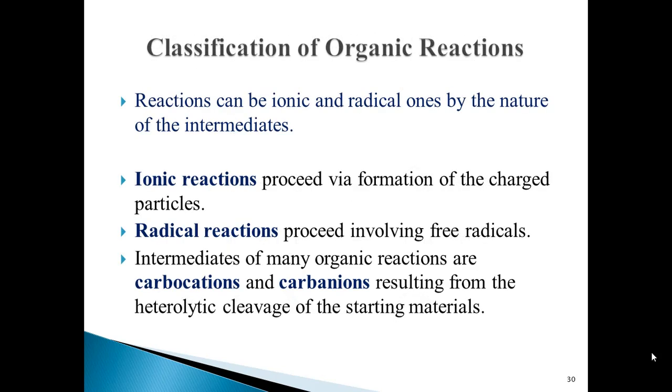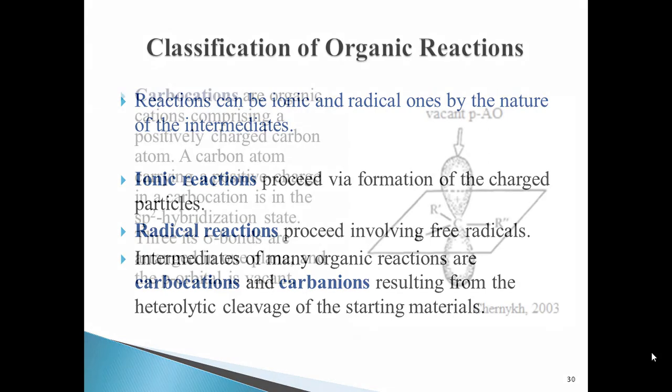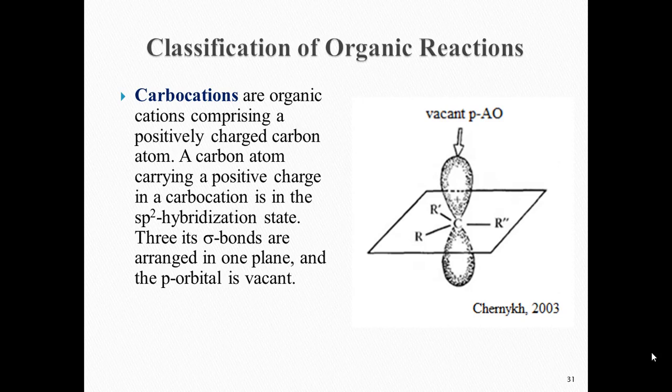Reactions can be ionic and radical ones by the nature of the intermediates. Ionic reactions are carried out with the participation of the charged particles. Intermediates of many organic reactions are carbocations and carbanions, resulting from the heterolytic cleavage of the starting materials. Carbocations are organic cations comprising a positively charged carbon atom.